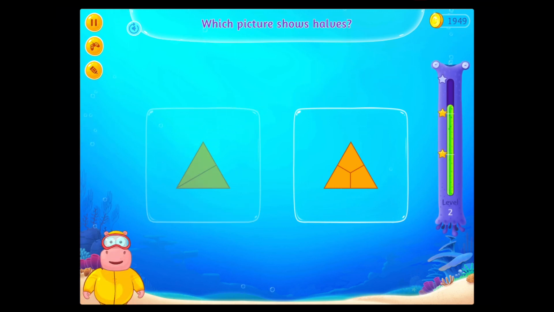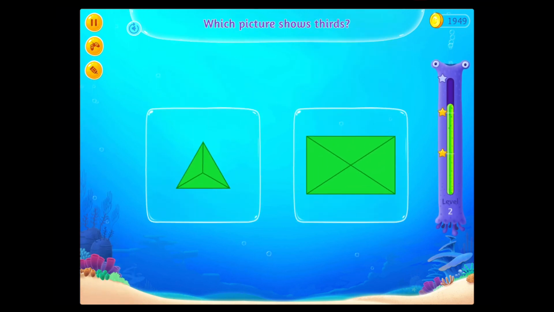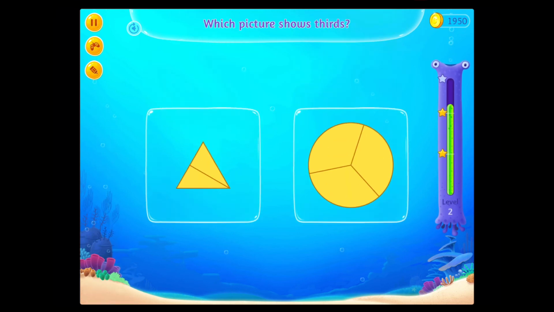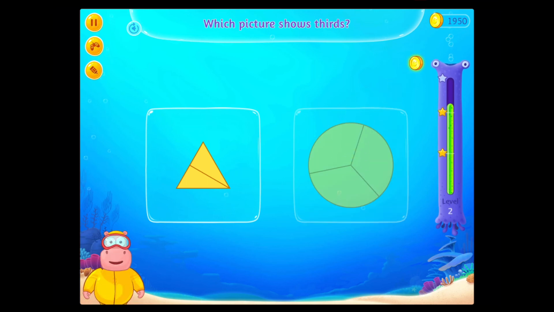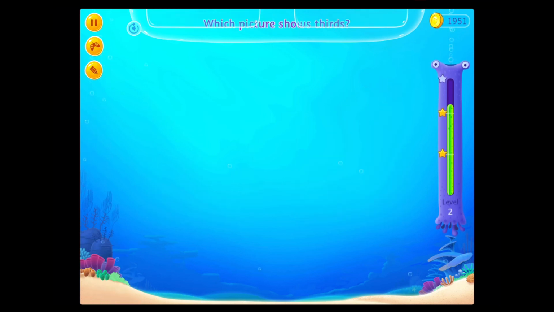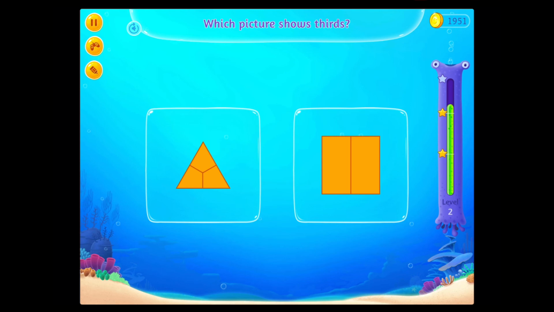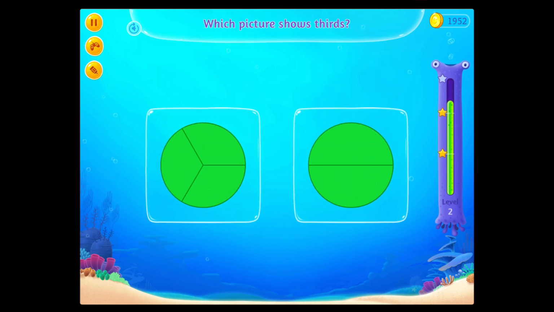On a roll! Which picture shows thirds? On a roll! Which picture shows thirds? You rock! Which picture shows thirds? That's right! Which picture shows thirds?